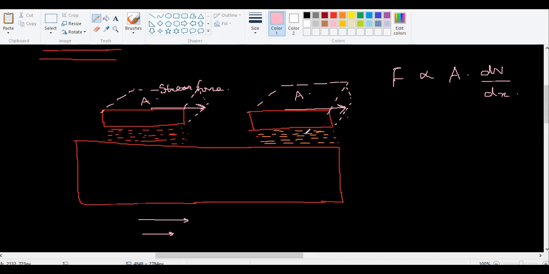Whereas in the case of honey, here the velocity will be higher, and here it's almost sticking, which means it's almost zero. So for a given height difference, what is the velocity difference? That is what this represents. Take it down properly: velocity gradient.